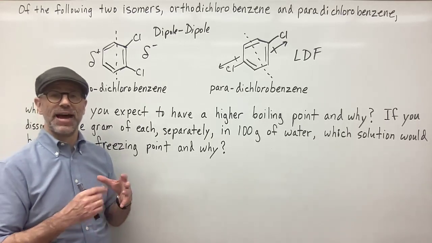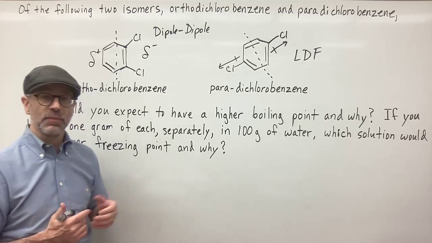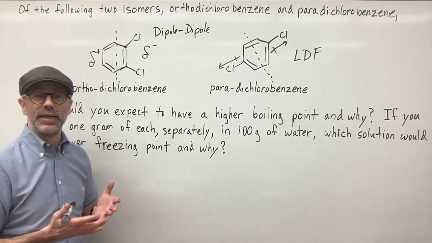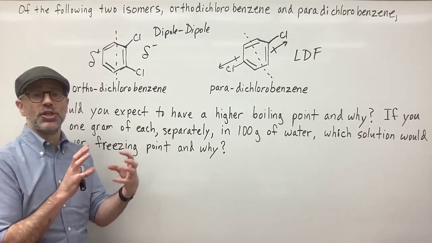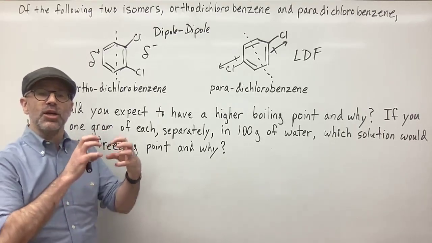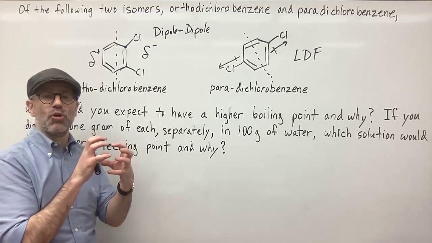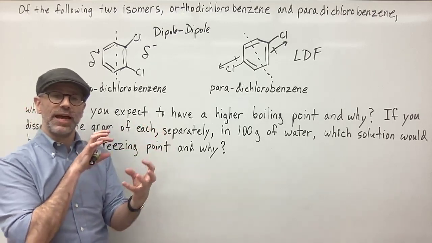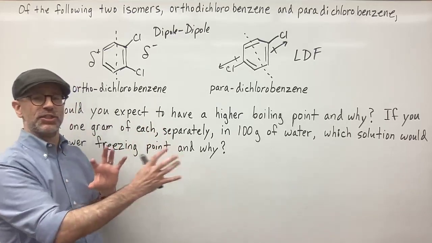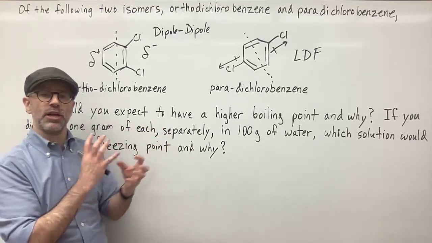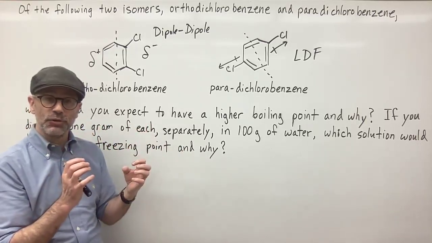Or let's say I have a solid piece of substance and I want to melt it. The melting point is the temperature at which those intermolecular forces are being overcome so that the molecules or the particles can now move around, have locomotion. They can separate from each other, they can move past each other, and they get more freedom of motion because they're overcoming those intermolecular forces.